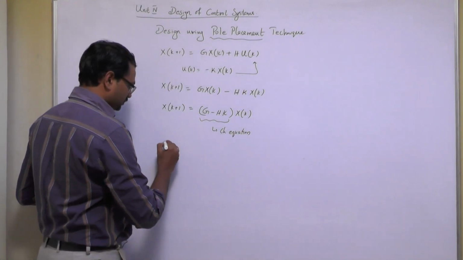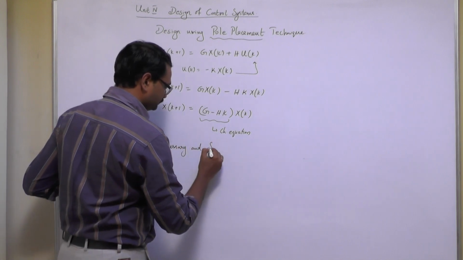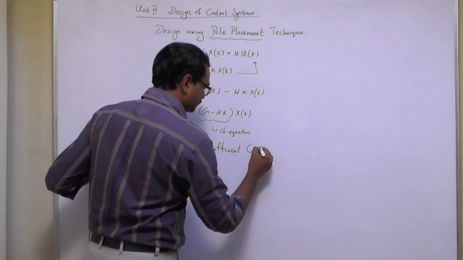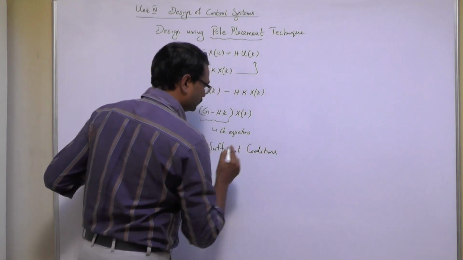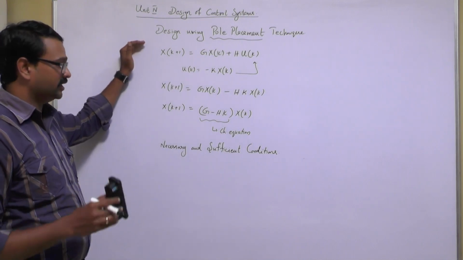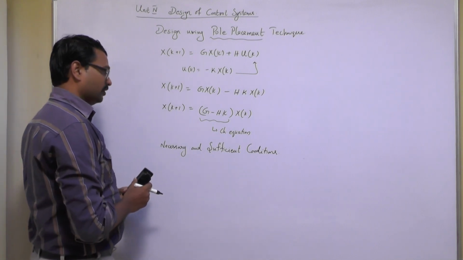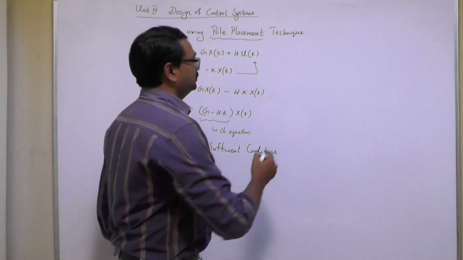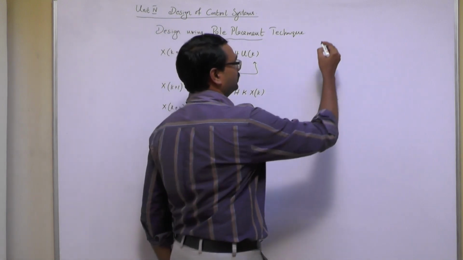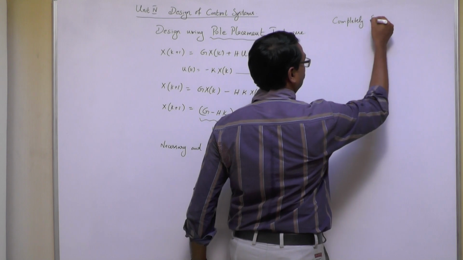Now we are going to see what the necessary and sufficient conditions are for the poles to be placed at desired locations by finding the gain matrix K. The necessary condition for this pole placement to happen is that the system should be completely state controllable.